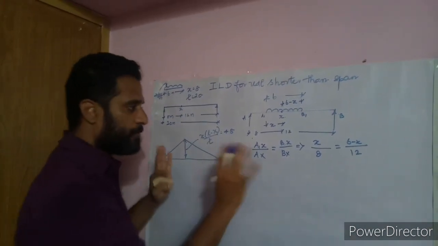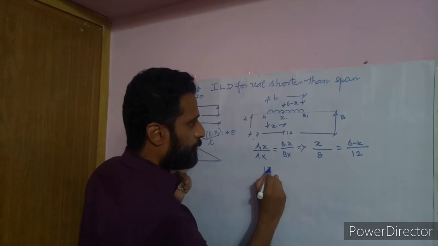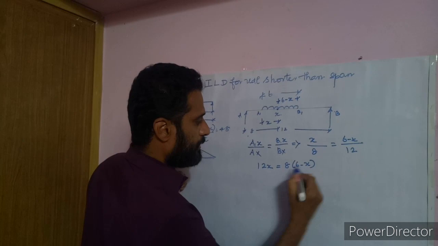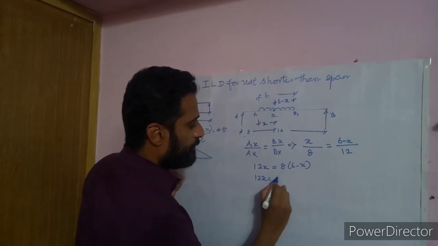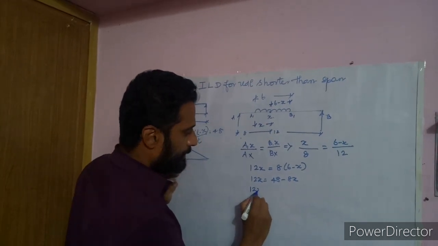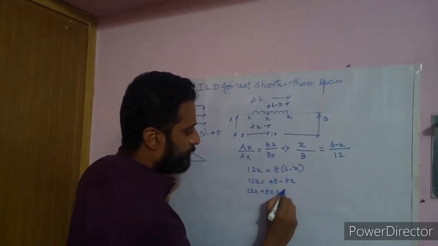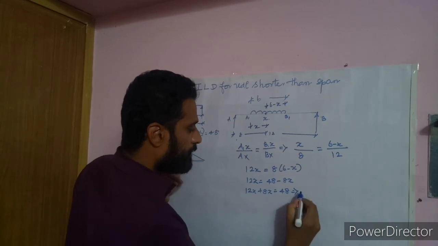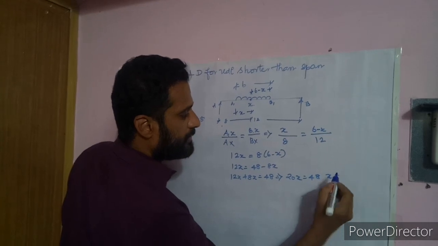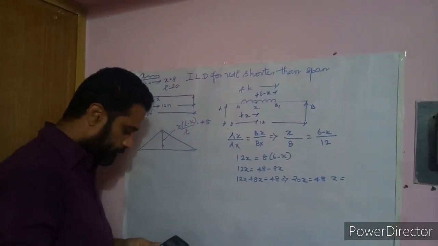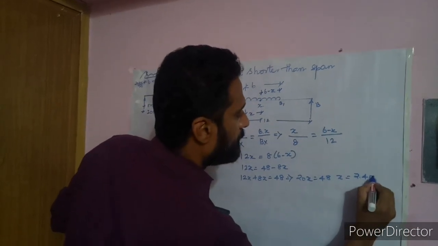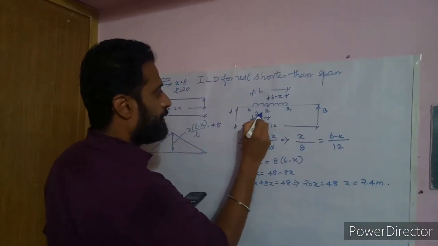Right? So I'm cross multiplying the factors, which will be 12x, which will be equal to 8 into 6 minus x. So 12x is equal to 48 minus 8x, which can be written as 12x plus 8x equal to 48. So 20x is equal to 48, thereby x is equal to 48 divided by 20, which is 2.4 meters.